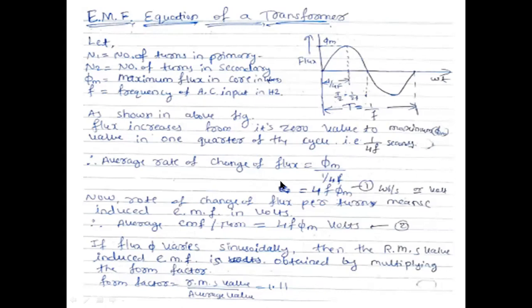Okay. Next line. Now, comma, rate of change of flux per turn.